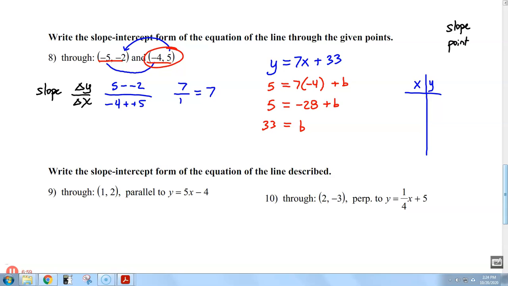Does negative 5, negative 2 make this work? Does negative 2 equal 7 times negative 5 plus 33? Man, it sure does. That one works, and the negative 4, 5 works because that's the one I chose. So that 33, no need to be worried about it.